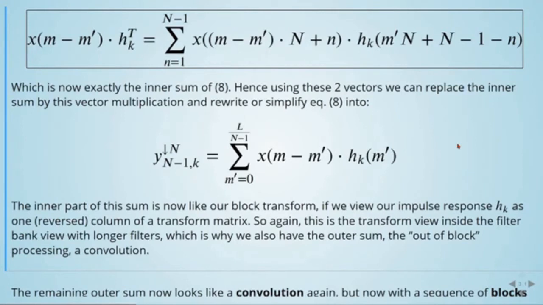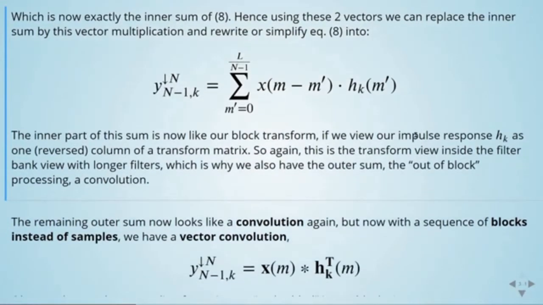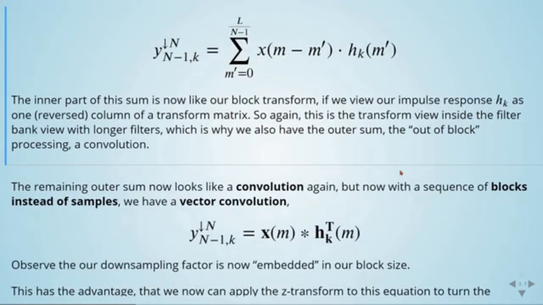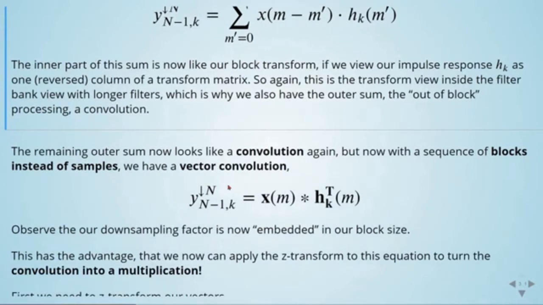So again, this is the transform view inside the filter bank view with longer filters, which is why we also have the outer sum, the out-of-block processing. That's a convolution. The remaining outer sum now looks like a convolution again, but now with a sequence of blocks instead of samples. And we have a vector convolution, even here.